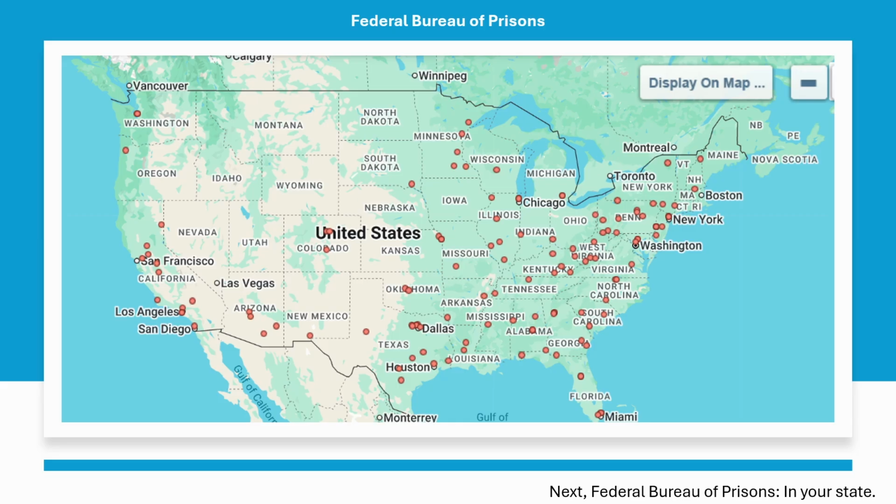I'm not sure where each of you lives, but kind of look at what's happening. One area that does not seem to have any federal prisons is right here: Montana, North Dakota, South Dakota, Nebraska, Wyoming, Idaho. I wonder why. But they are located on the outskirts of our country.